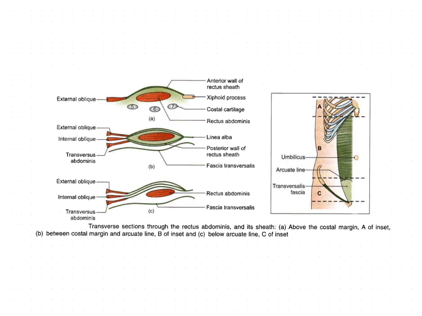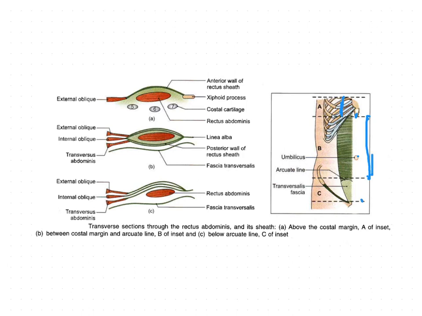Now here you can see the first formation of the rectus sheath is above the costal margin. The next formation is the level between the costal margin and a point midway between the umbilicus and the pubic symphysis.